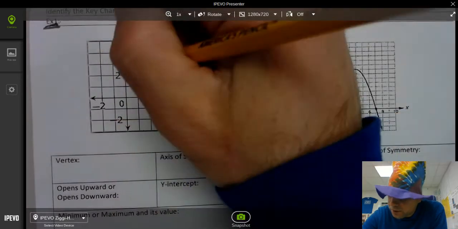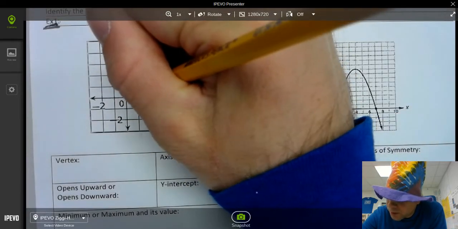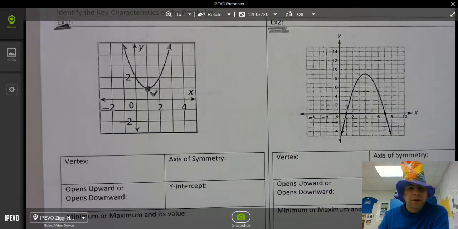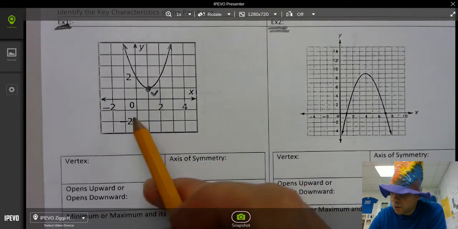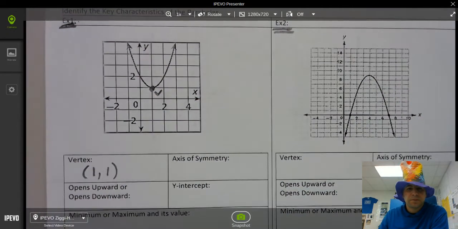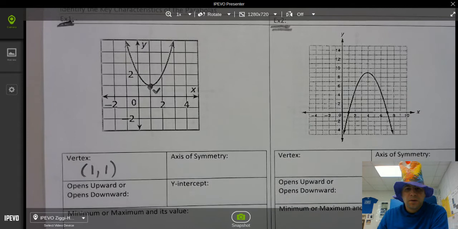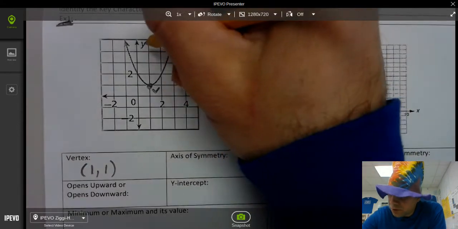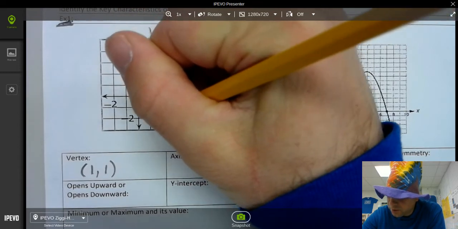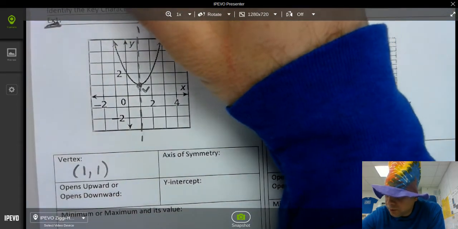Now the vertex, I'm just going to label with a V, is your minimum or maximum. In this case, the vertex is 1, 1. Now the axis of symmetry is you draw your dashed line down the middle where the vertex is, and it's x equals.